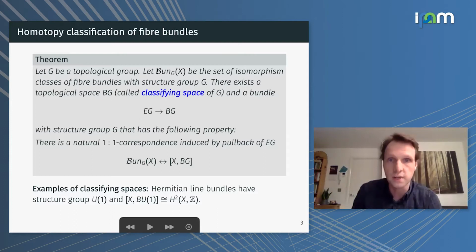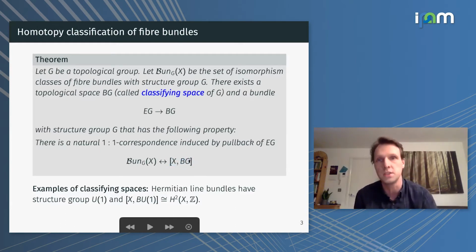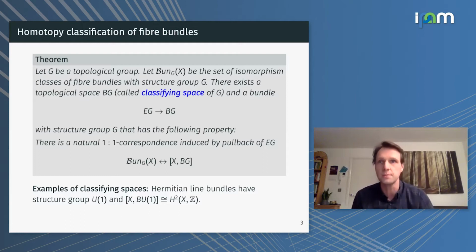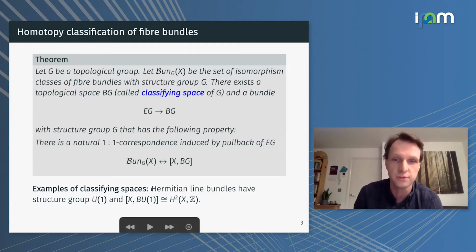And then the set of isomorphism classes of fiber bundles with structure group G turns out to be in one-to-one correspondence with the set of homotopy classes of maps from your space X to the space BG. This might look very abstract, but it is very helpful because in many cases you can determine the homotopy type of this classifying space and then say something about the isomorphism classes of bundles.